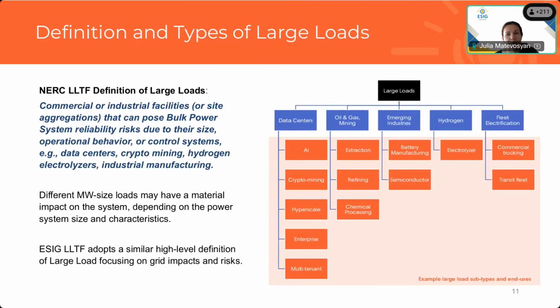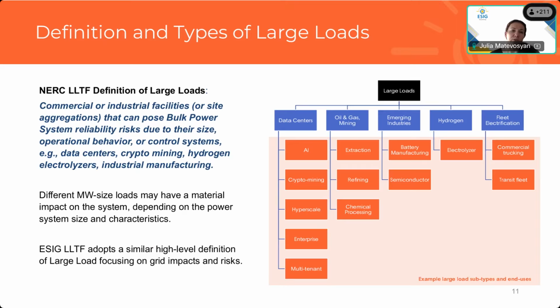So we pondered a little bit about defining large loads. How do we want to do it for the purpose of the ESIG Large Load Task Force? We agreed to adopt a definition similar to what the NERC Large Load Task Force decided to do. The NERC Large Load Task Force actually did a survey of stakeholders trying to define the size of large loads, specifically for NERC functions.